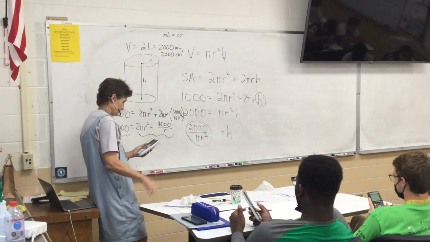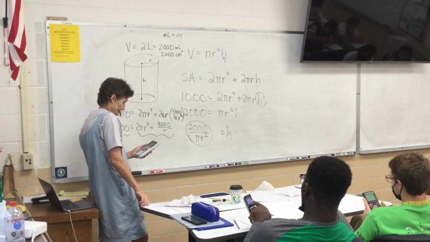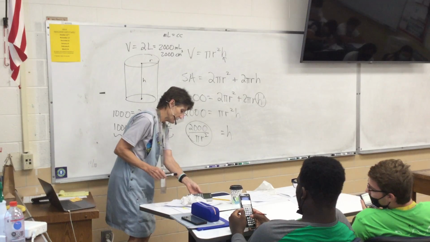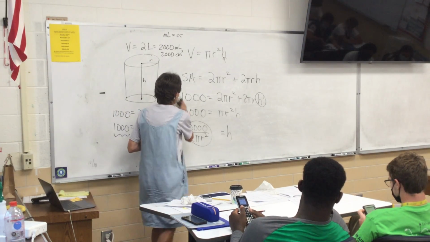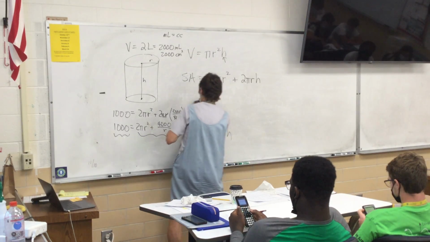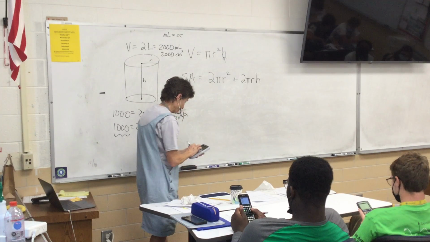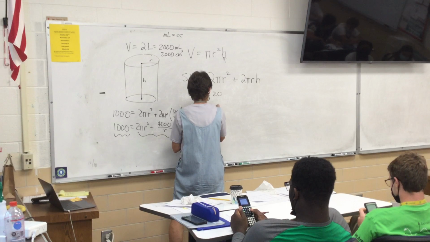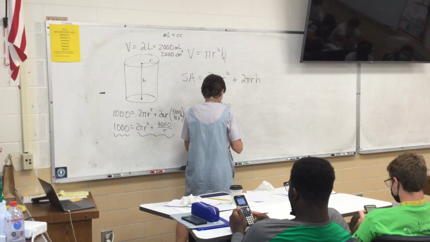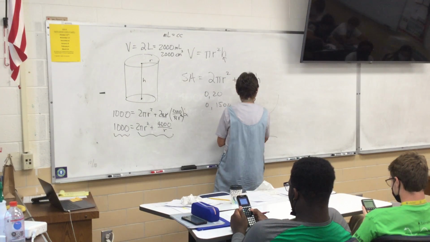Now, again, I am graphing it as two separate equations, but the window that gave me a decent picture is 0 to 20 on the x's and 0 to 1,500 on the y's, and that gave me something like this.